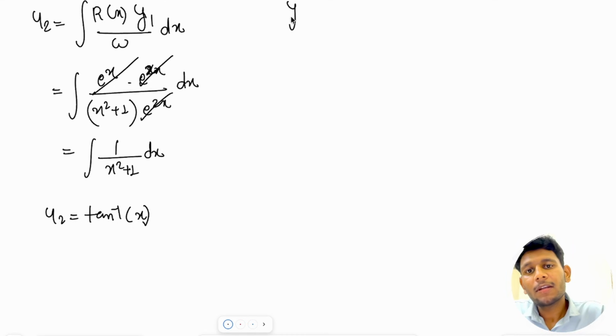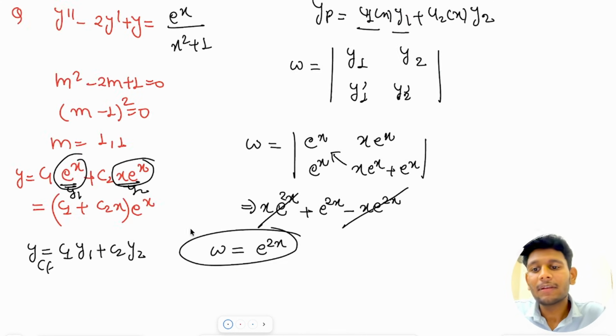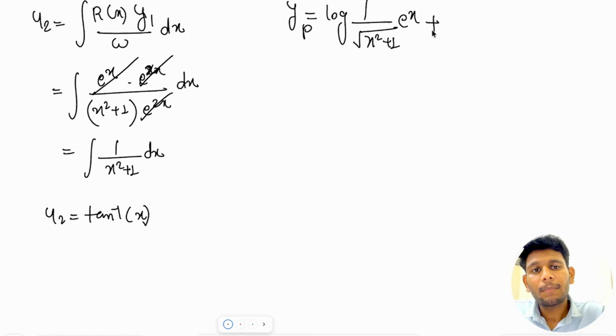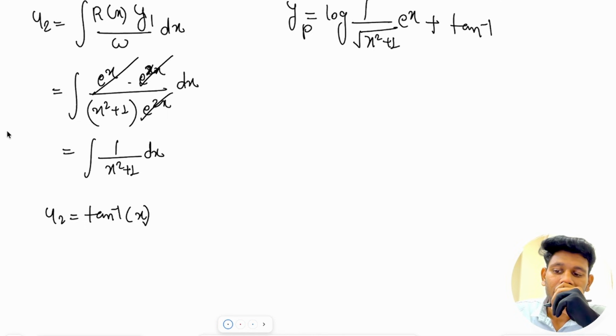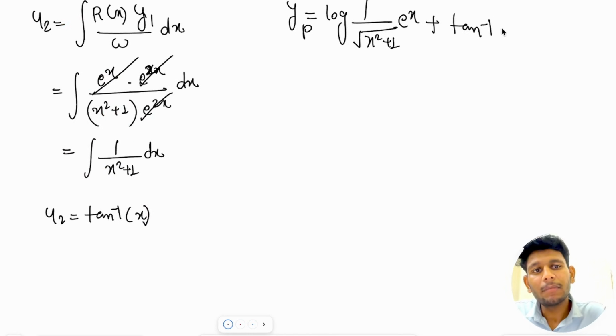This is your u2. Now what is your yp? That is u1 y1 plus u2 y2. u1 is log of 1 upon root of x square plus 1, y1 is e to the power x, plus tan inverse x into y2, and y2 is x e to the power x.